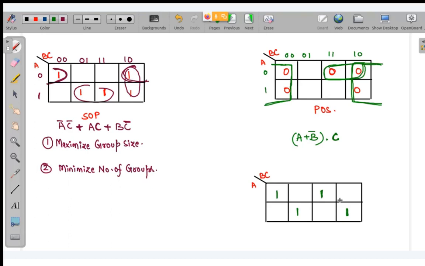It's okay. Violated second condition in POS. So that is wrong. So it's okay. You will learn. K map you get with practice. The more you practice, the more you get correct answers.